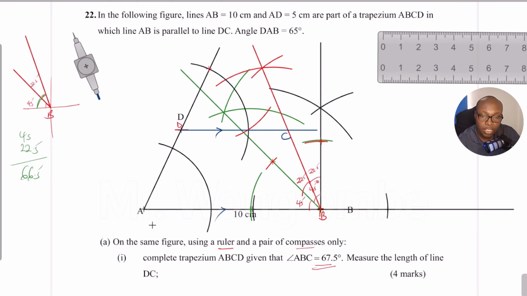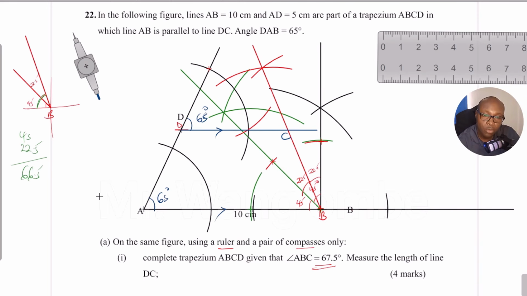The reason why I have transferred that angle is because if this line DC is parallel to AB, then AD acts as a transversal, and this angle, which is already given as 65, should be equivalent to this angle. That is why I transferred that angle to that point, that is 65.